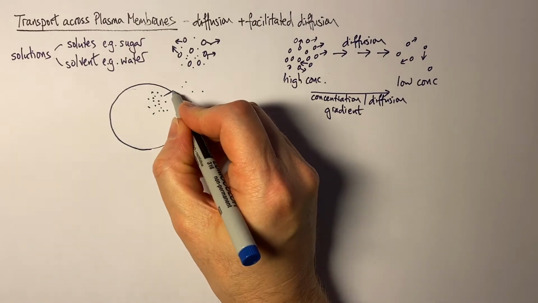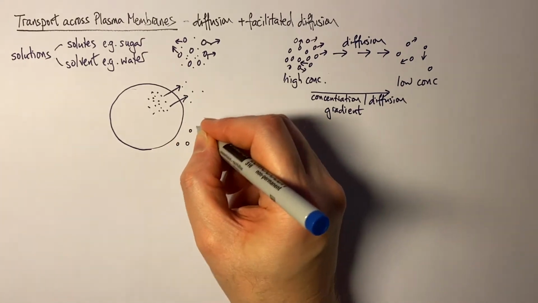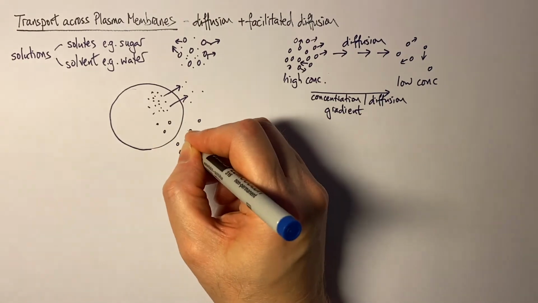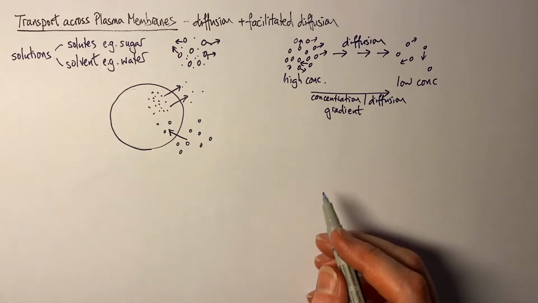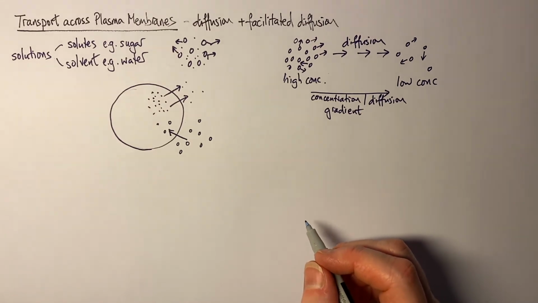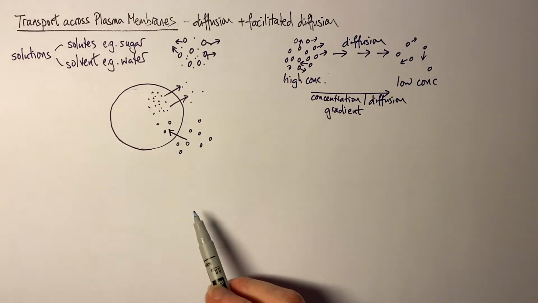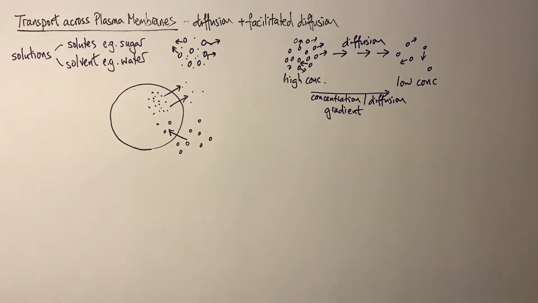So these might be able to diffuse out. And these molecules, because they're in a higher concentration outside than inside, they can diffuse in. And diffusion takes place until both sides, either here and here or there and there, have the same concentration. So when both sides have the same concentration, then diffusion will stop.